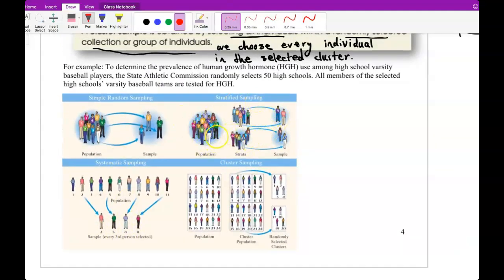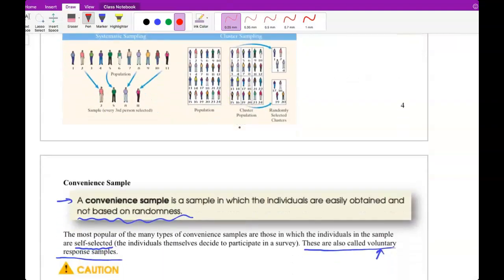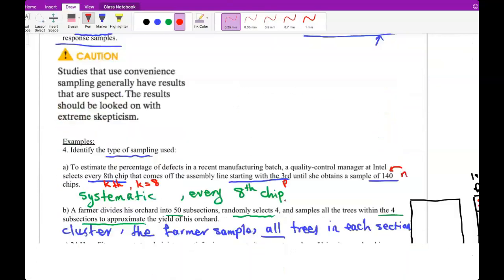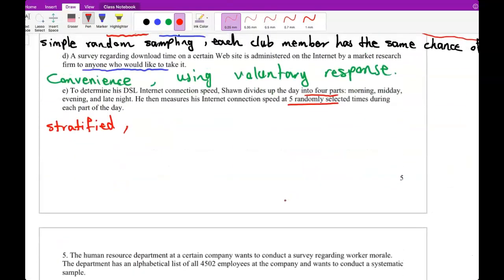First he had the population, then dividing each day into groups to have strata, then from each one selecting a sample. So dividing into 4 parts, this is strata.